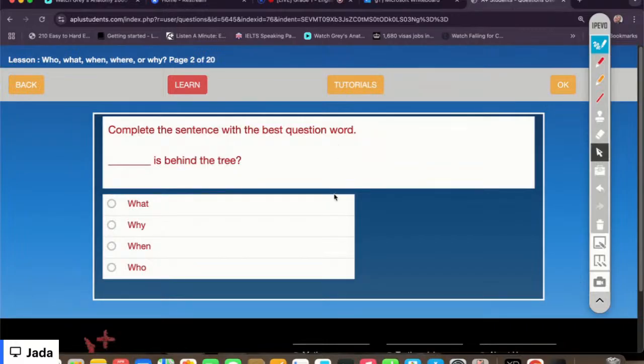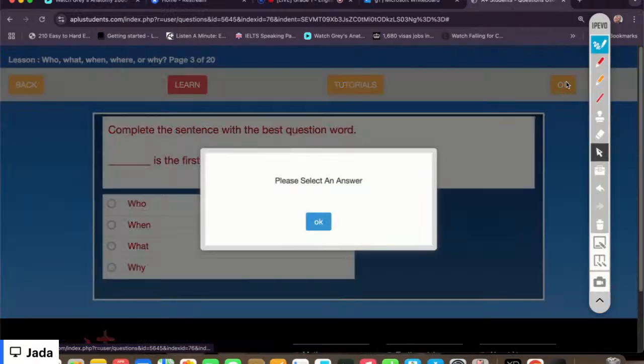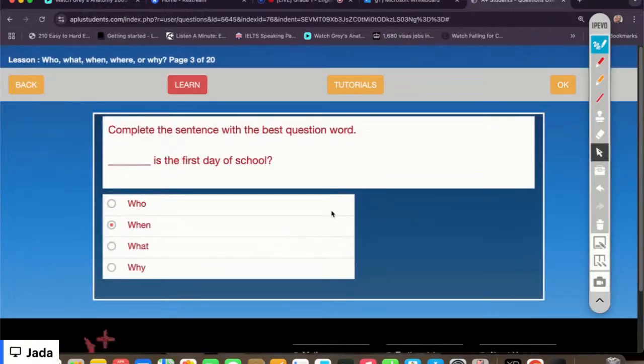Okay, so what do we have here? So, what is behind the tree? Dash is the first day of school. Who, when, what, or why? What's the best question word here?